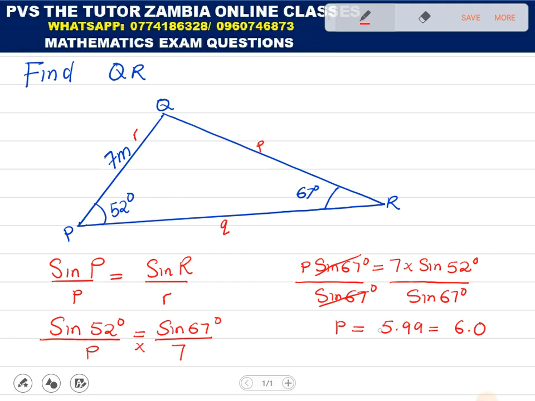So this will be 6. Therefore, we can now conclude and say, since p was QR, QR is equal to 6.0 meters, and you are done.